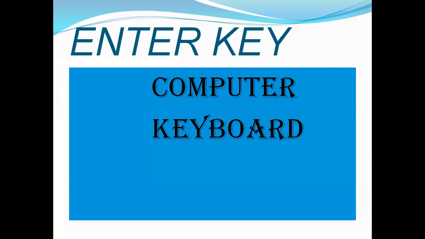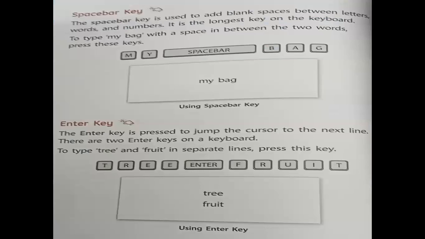Computer keyboard, space bar, right? The space bar is the key to add a blank space between letters, words, and numbers, and it is the longest key on the keyboard. To type my bag with the space in between the two words, we will press which key? Space bar.